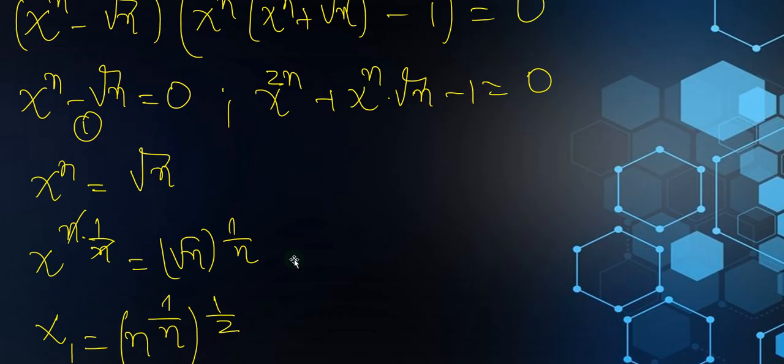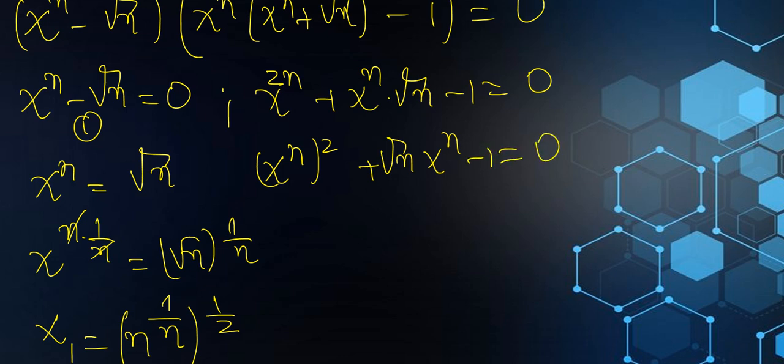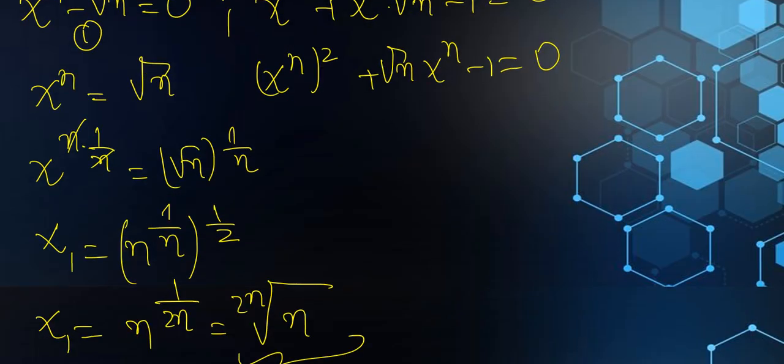So now the second one here, I'm gonna say this is x to the n squared, plus square root of n times x to the n minus 1 equals 0. And now I'm gonna solve this as a quadratic equation in terms of x to the n.